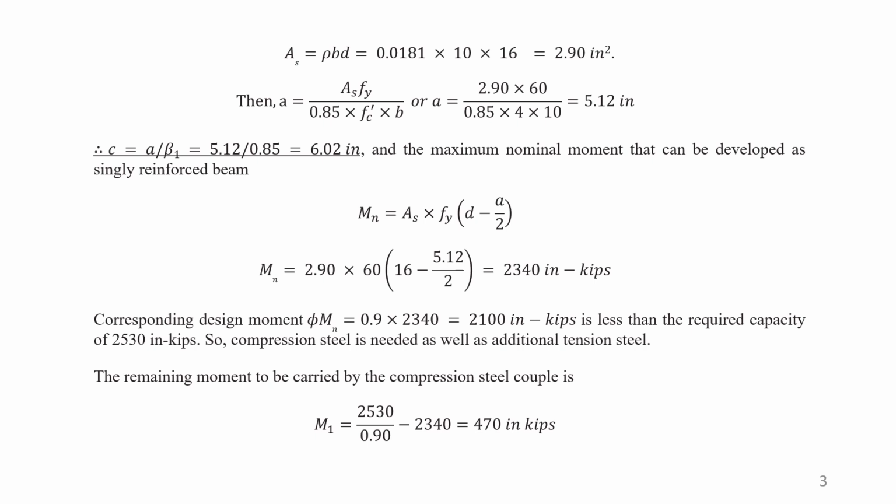This gives us the moment carrying capacity of this section as 23,440 inch kips. The corresponding design moment is, if we multiply this by the moment reduction factor, which is 0.9, then we have multiplied this with the nominal moment, and we have got the ultimate design moment as 2100 inch kips, less than the required capacity of 2530 inch kips.